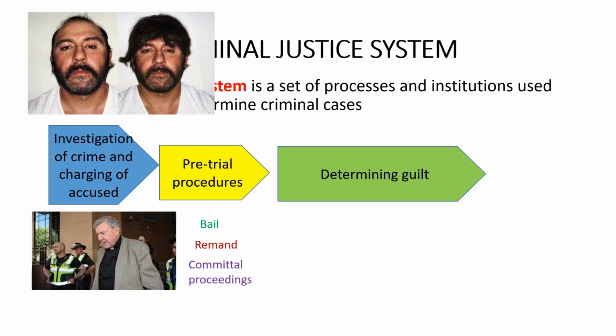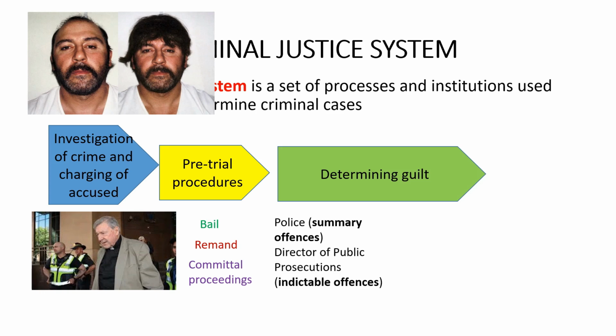In this stage, a prosecuting agency, generally either the police or the Director of Public Prosecutions, prosecutes the accused in court for the offence or offences that the accused has been charged with. Where the crime is a summary offence, it will often be the police who prosecute the accused. Where the crime is an indictable offence, it will be the Director of Public Prosecutions who prosecutes the accused.